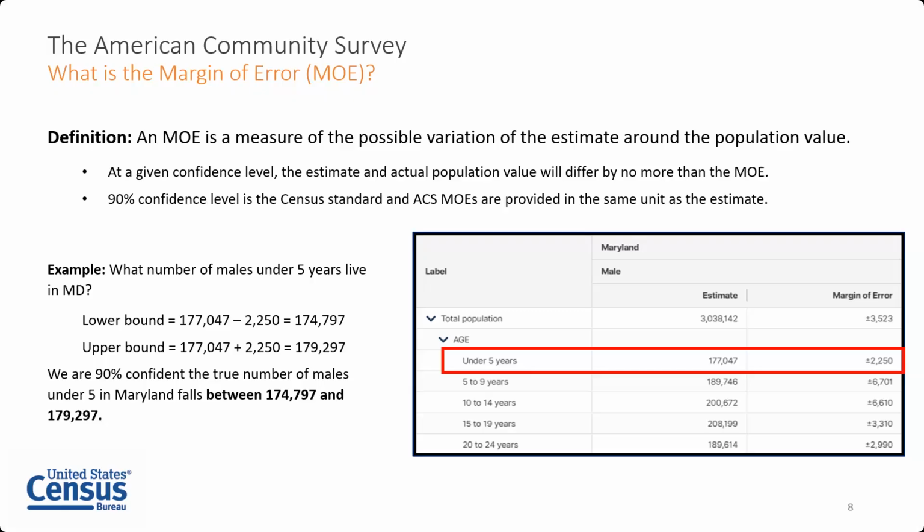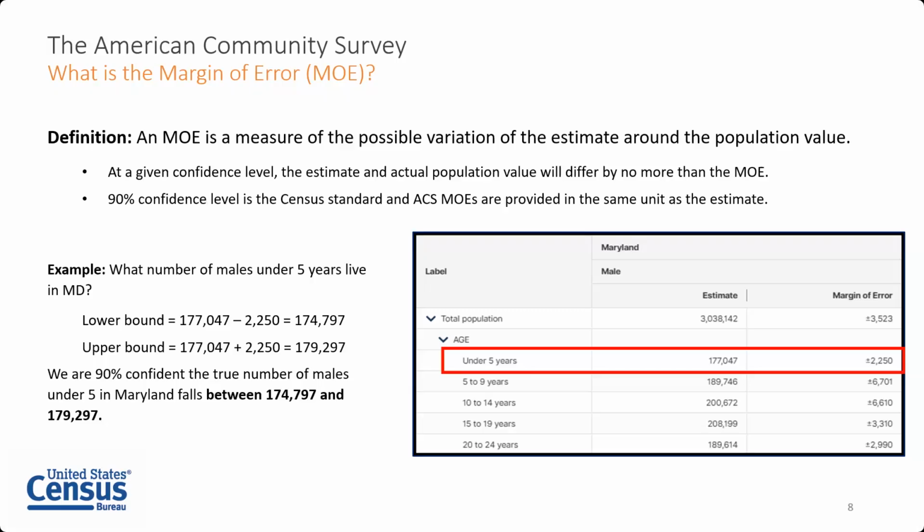It's also important to note that the MOEs provided by the Census Bureau are always in the same unit as their respective estimates. So for instance, a percent estimate will have a percent MOE, and a median income estimate will have an MOE in dollars.